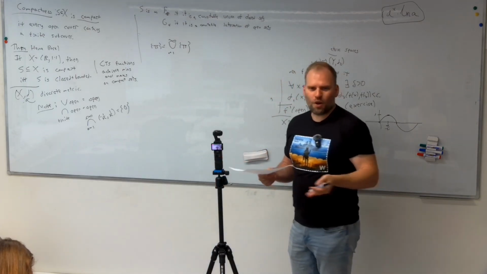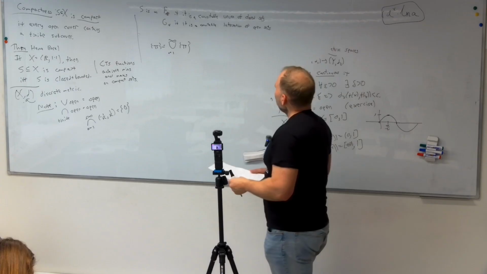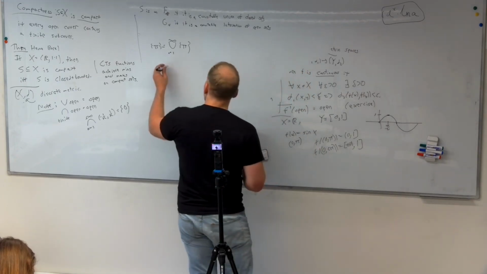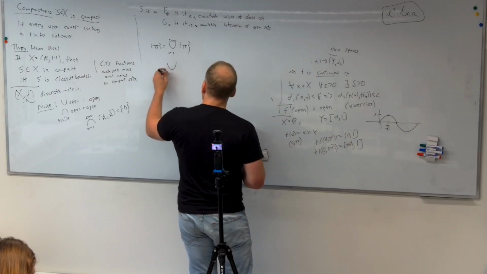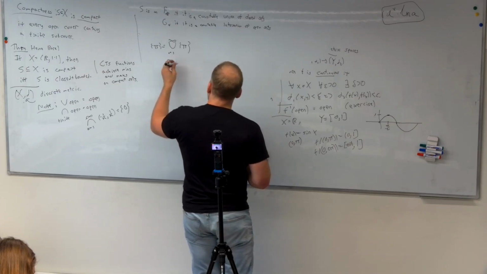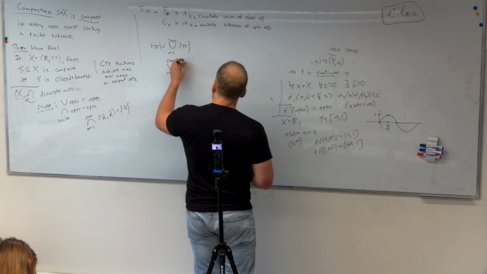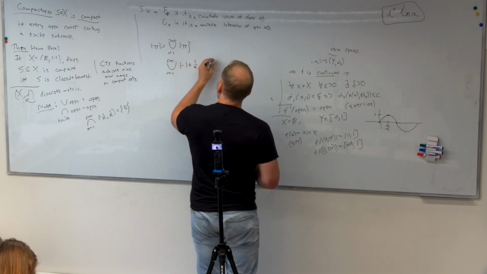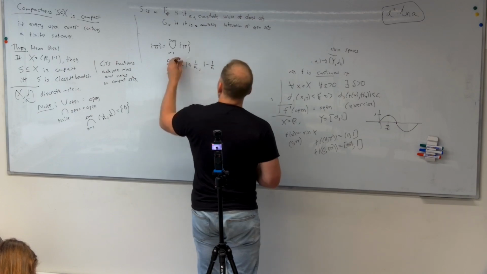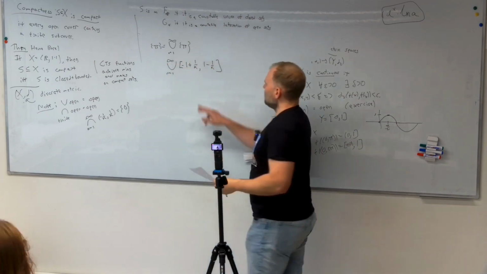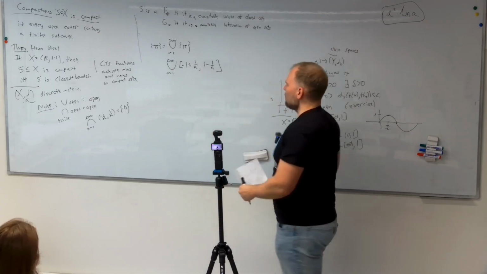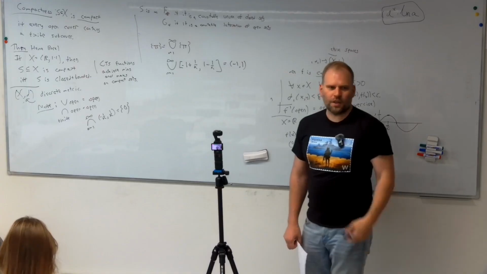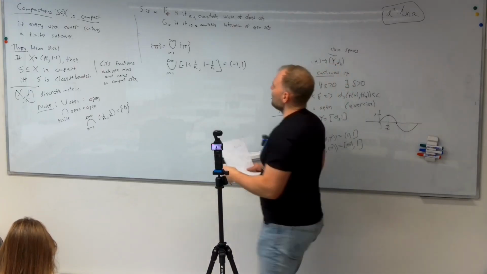As for open intervals, we could look at the union from n equals 1 to infinity of the closed intervals from minus 1 plus 1 over n to 1 minus 1 over n. This is a countable union of closed sets, and it just happens to be the open set (minus 1, 1). But you can have more interesting things.